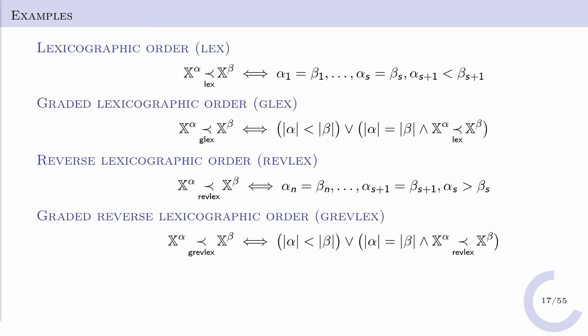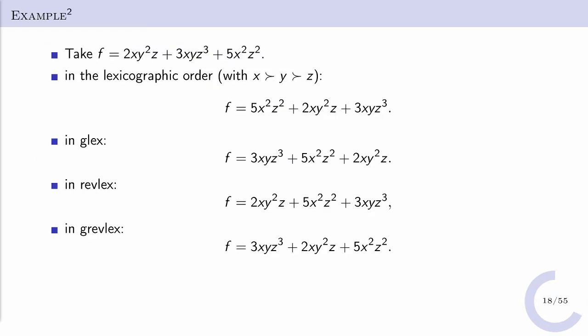So let me show how this works on a specific example because it is much easier to understand this way. We want to order the terms of a polynomial f that you can see here with respect to these four monomial orders. The three monomials that appear here are x y^2 z, x y z^3, and x^2 z^2.